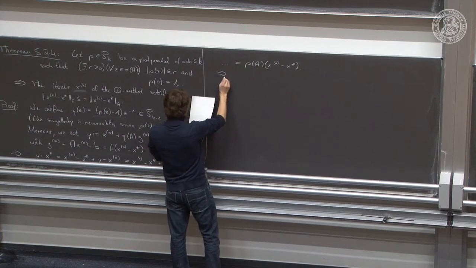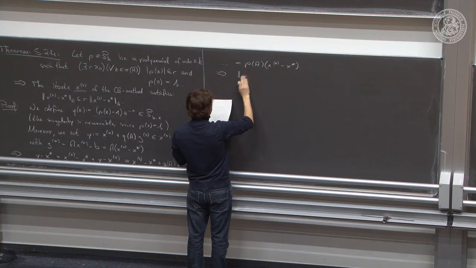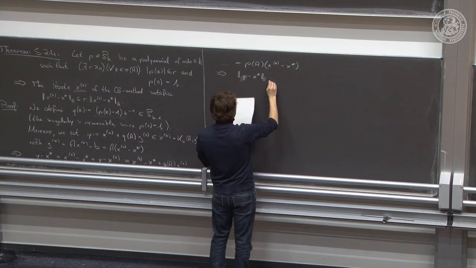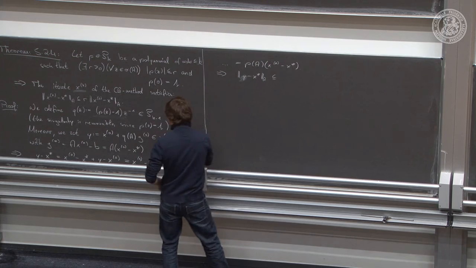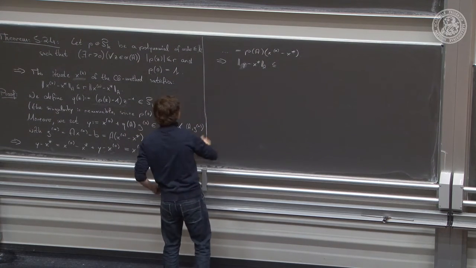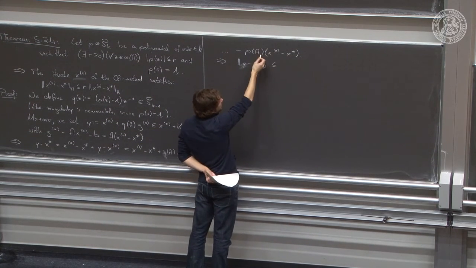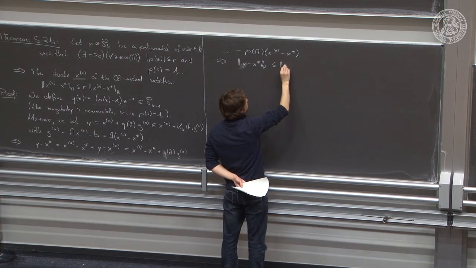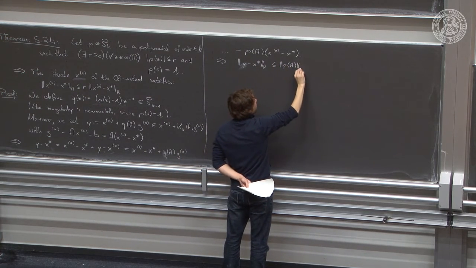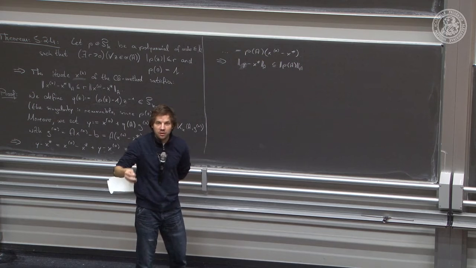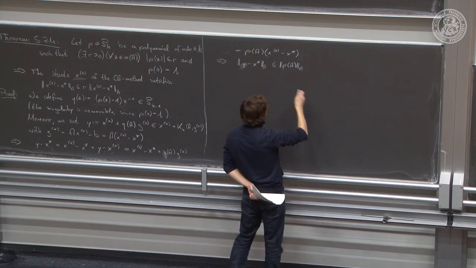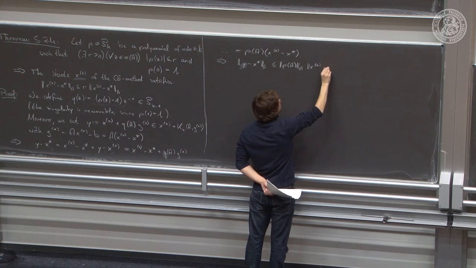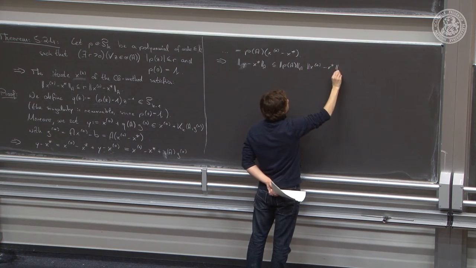Okay, and therefore we have y minus x star. The energy norm can be estimated by, this is equal to this guy here. This is nothing but a matrix again, so it's a linear map. So we can estimate it here by the operator norm of this matrix, with respect to the operator norm generated by the energy norm of A, times the energy norm of this guy here.